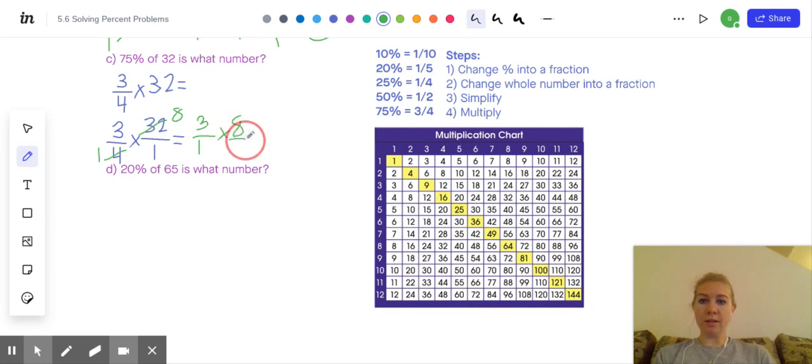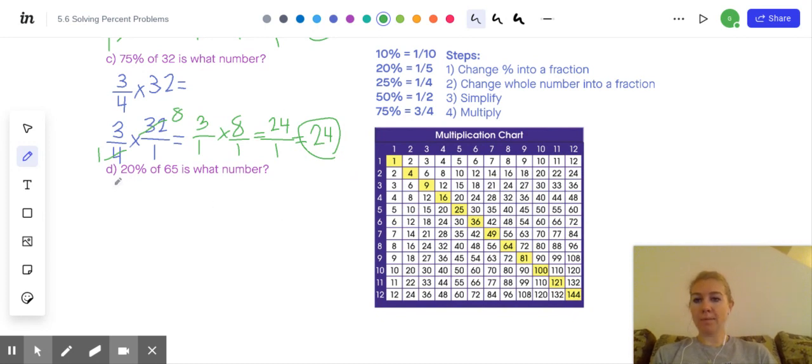Now these numbers are a lot smaller, easier to multiply. 3 times 8 is 24. 1 times 1 is 1. Again, we have a fraction with 1 as the denominator, so then we can just simplify to 24. So 75% of 32 is 24.